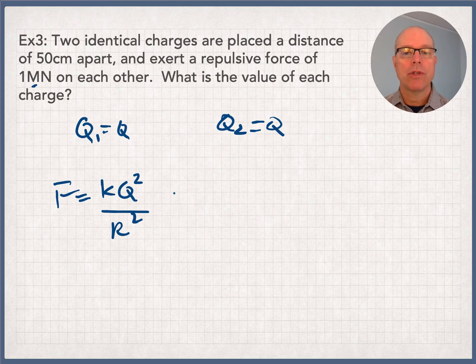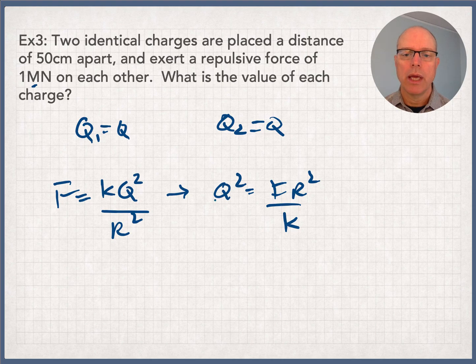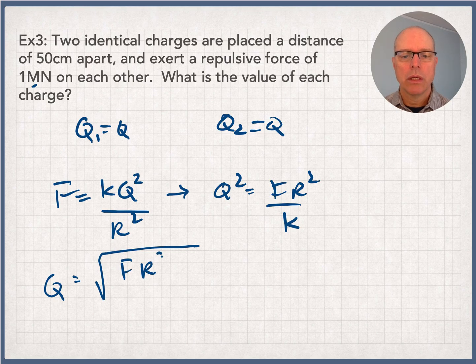And now we're going to try to solve this thing for the value of the charge. We'll do our algebra, and we get Q squared equals FR squared over K. And we'll again do the square root thing. So Q is equal to the square root of FR squared over K.